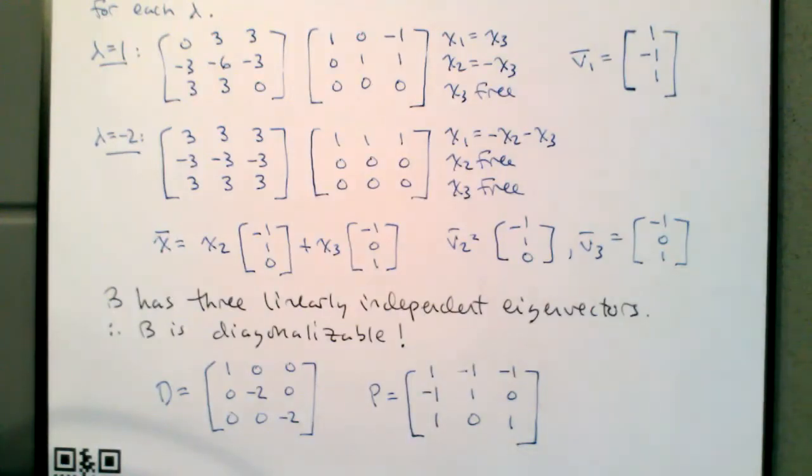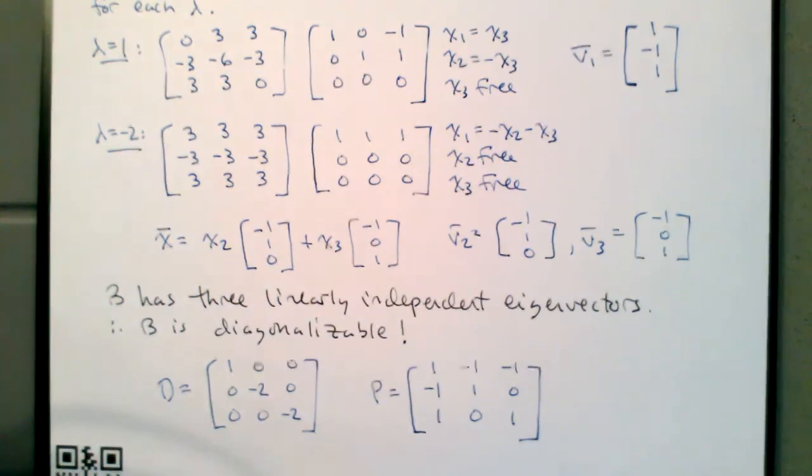So one of the things I mentioned earlier, I reminded you that the eigenvalues are solutions to some polynomial equation. This polynomial equation had lambda equals 1 appear once and lambda equals negative 2 appear twice.